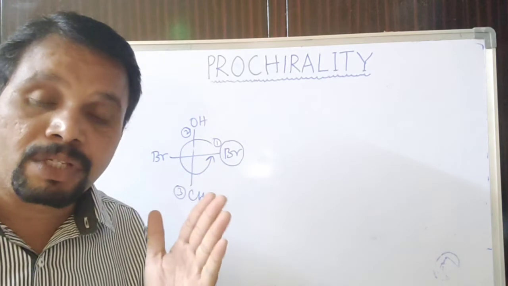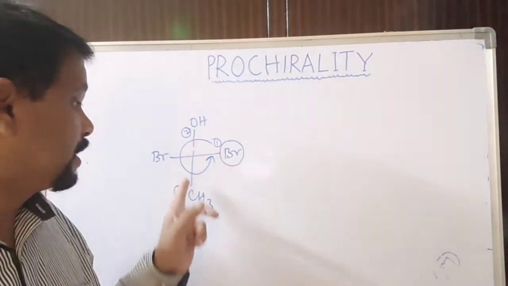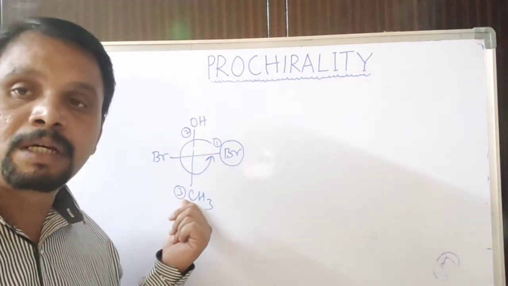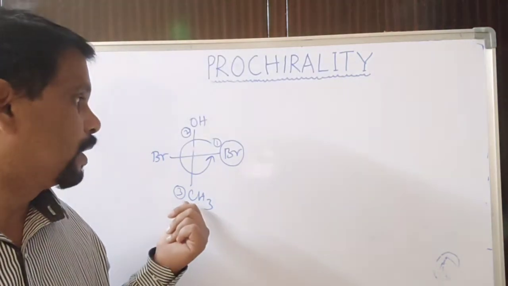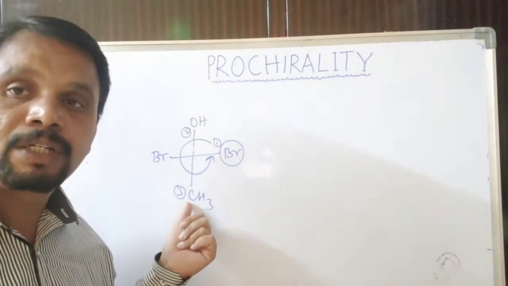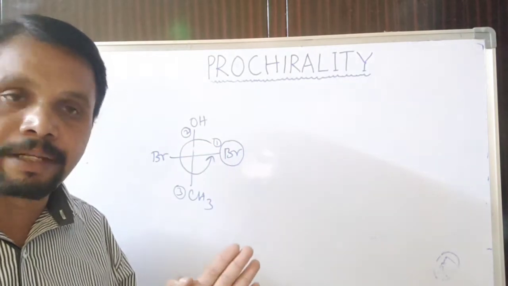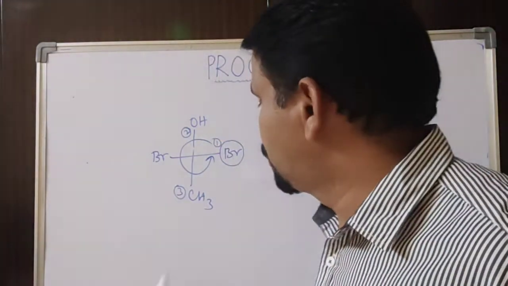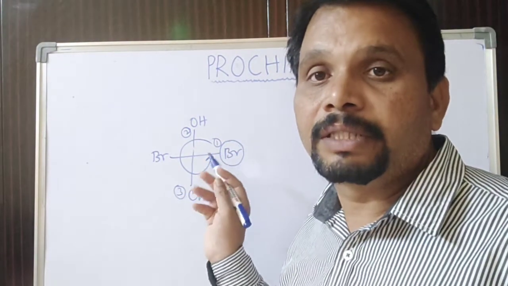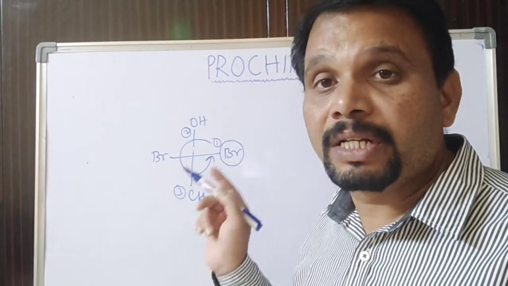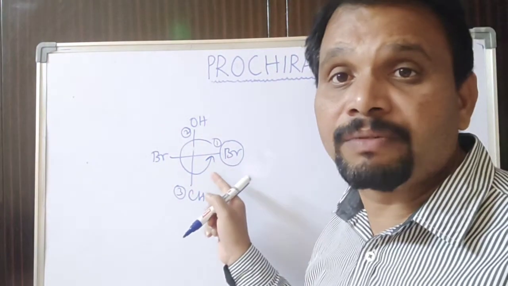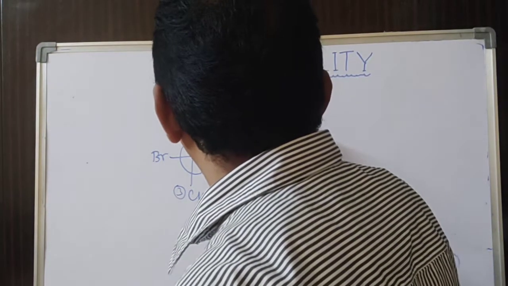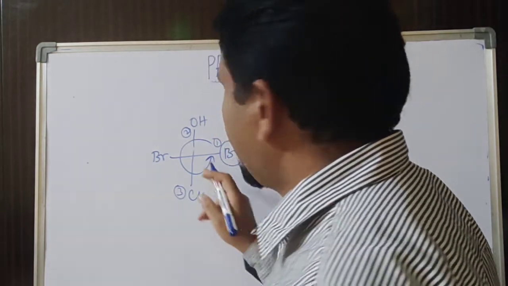Is it in the horizontal line or vertical line? In this case, which is the least priority group? This is the carbon because it gets third priority, least priority. 1, 2, 3, this is the least priority group which exists in the vertical line. If the least priority group exists in the vertical line, if clockwise rotation then Pro R, if anti-clockwise rotation then Pro S. Here it is anti-clockwise rotation, therefore this is Pro S, anti-clockwise.